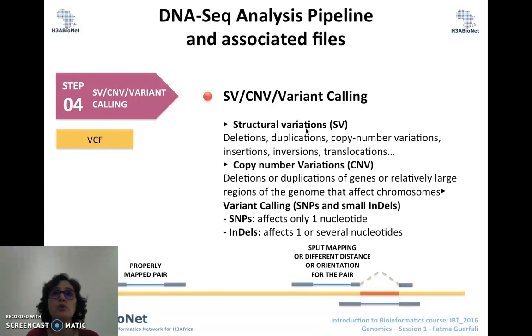You also have detection of variant calling that includes mutations of only one nucleotide, which would be the SNPs, single nucleotide polymorphisms, or more than one nucleotide, which would be the indels, insertions and deletions. They can be detected thanks to the correct mapping of the reads, and this correct mapping allows you to screen for CNVs, for SNPs, for small indels, and the longer SVs, which are structural variations, are discovered by unexpected distances between the two reads of your paired end reads, the second read compared to the first one.